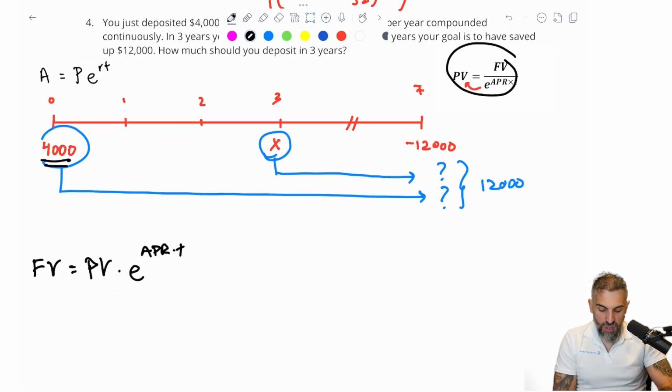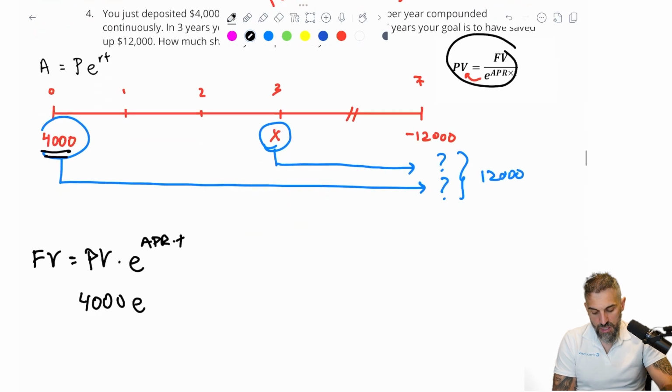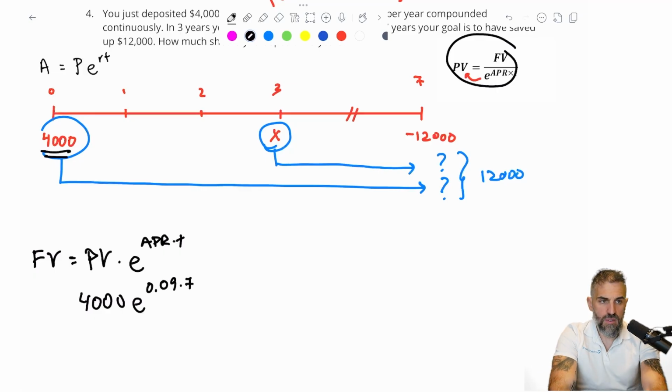So I started with 4,000. E, the rate is your rate. That's 9%, 0.09 times 7. So 4,000 times E, exponent 0.09 times 7. Again, if you're doing this in one shot, guys, on the calculators, make sure you put a bracket up there.